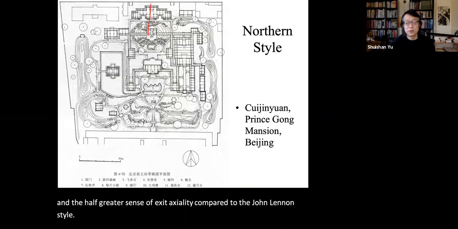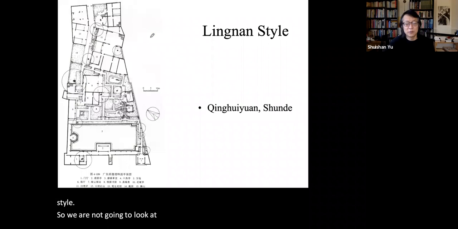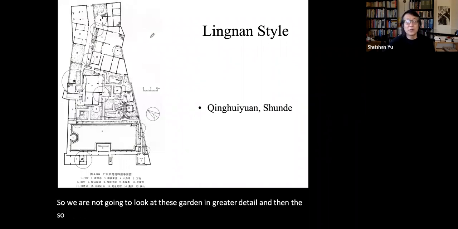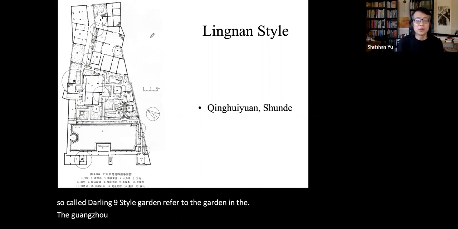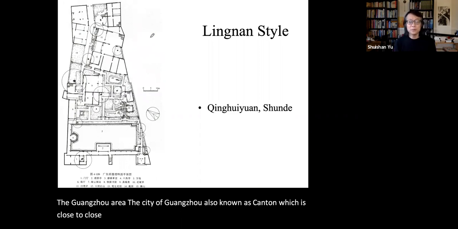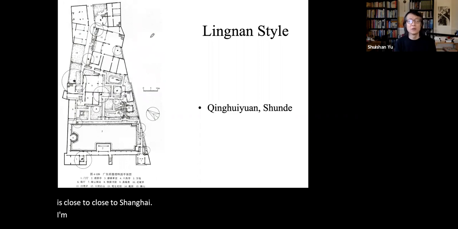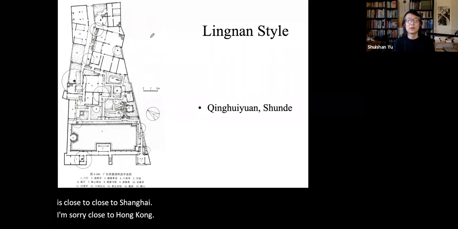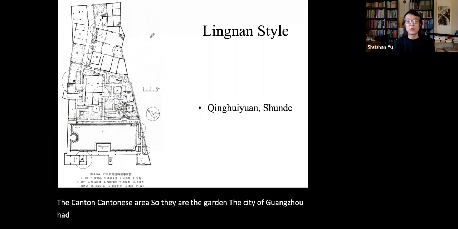So we are not going to look at these gardens in greater detail. And then the so-called Lingnan style garden refers to the gardens in the Guangzhou area, the city of Guangzhou, also known as Canton, which is close to Shanghai. I'm sorry, close to Hong Kong. In the Cantonese area, the city of Guangzhou had more contact with foreign trade.